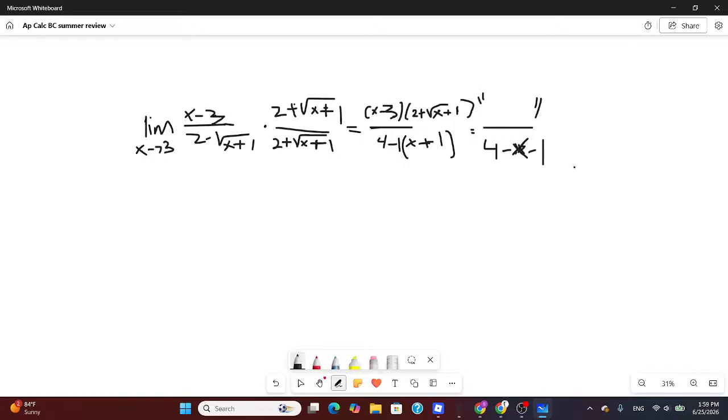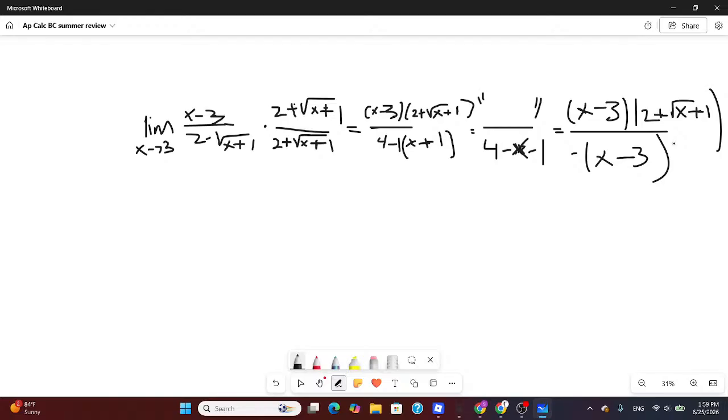And look, in order to simplify this one, just imagine that, then you cross out the factor.